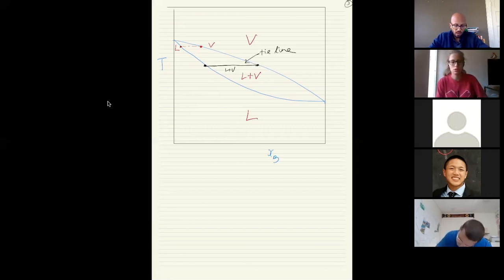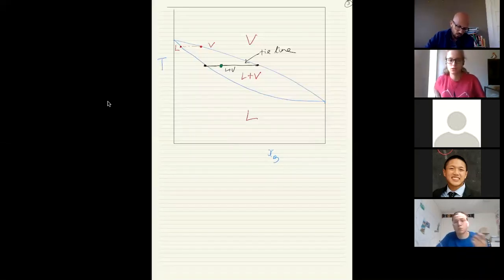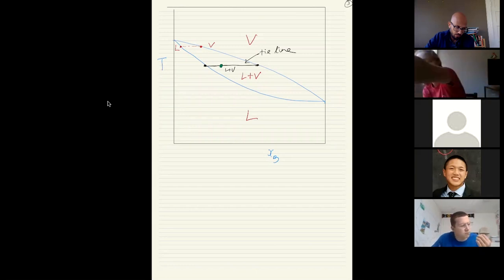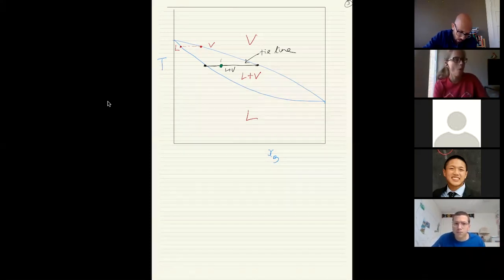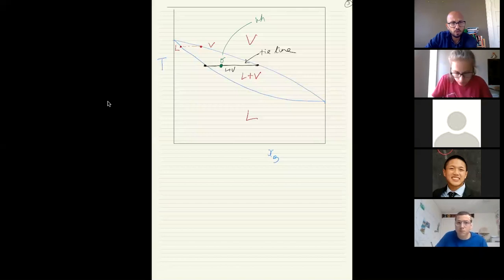A natural question to ask now is, at a given point here, this green point, at this point O, we just said that the system is going to exist as liquid and vapor both together.